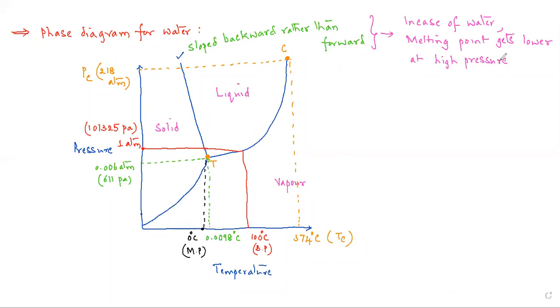Melting point is decreased when pressure is increased. Now the reason. Why so? Now for that, let us consider this equilibrium.